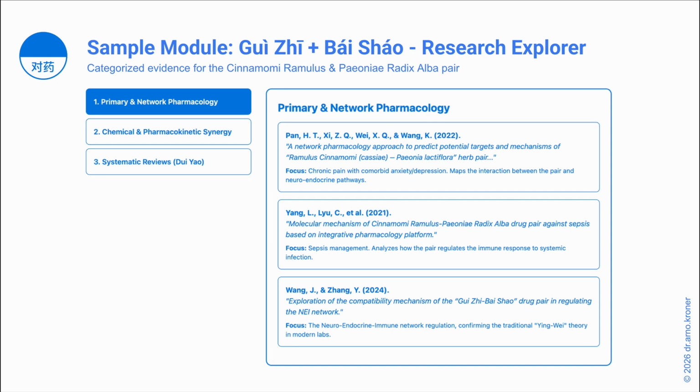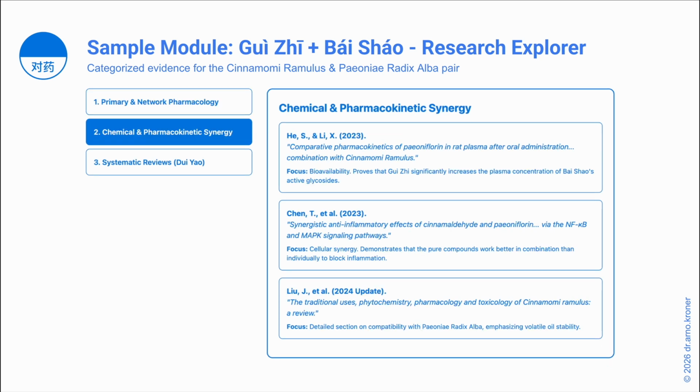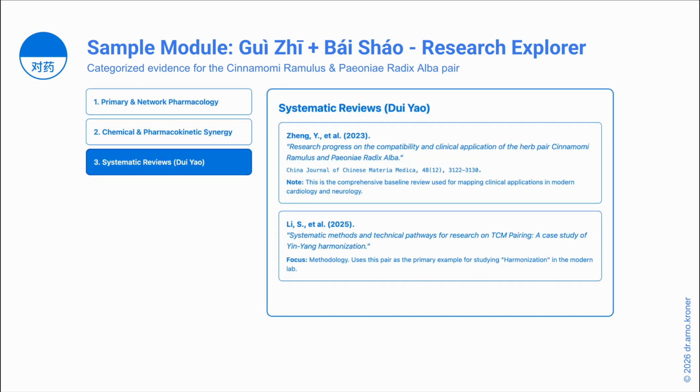So here we also, in the same framework, bring out what I have called a research explorer. For every pair, we can see what is the pharmacology, we bring out the papers, we can see what are the chemical and pharmacokinetic synergy, and I have some systematic reviews as well.